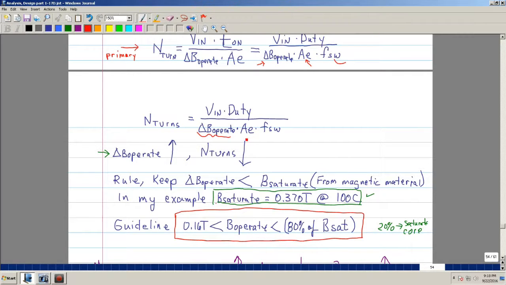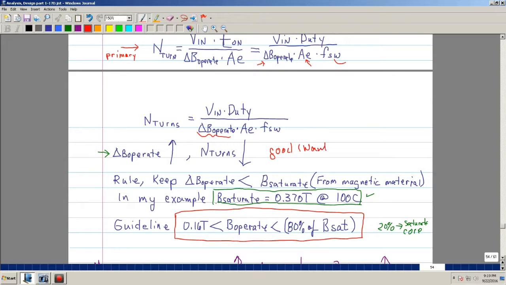But if you look, your delta B operate is in the denominator. And if you increase your delta B operate, what happens to N turns? The number of turns actually goes down, which is good. Which is what you really want.